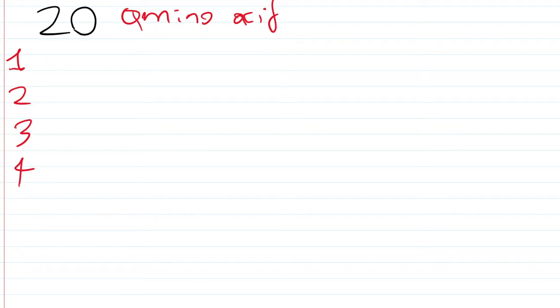The first one is, for all intents and purposes, the amino acid, and I'll say slash protein. Why slash? Because proteins are built off of these amino acids, which form these chains.